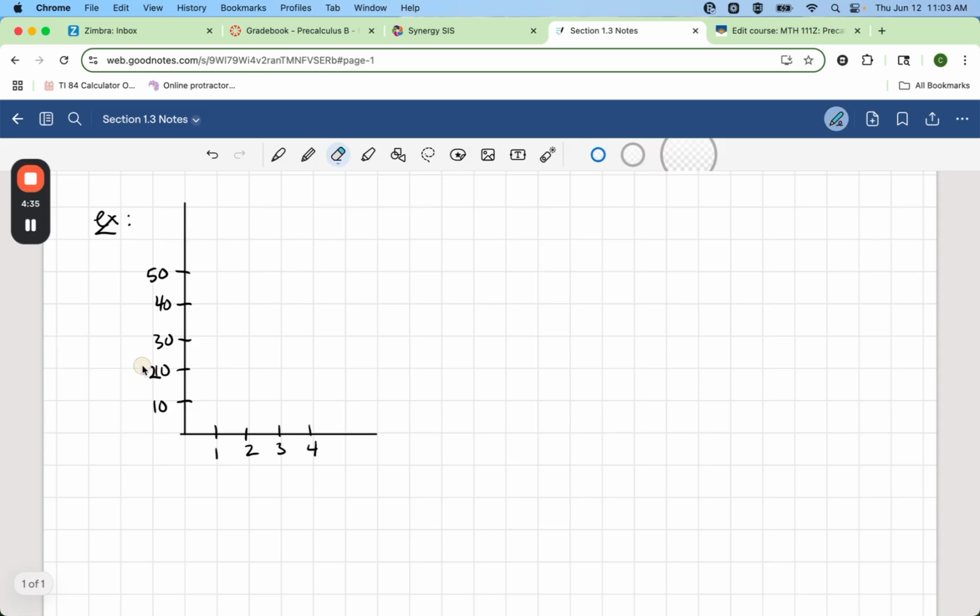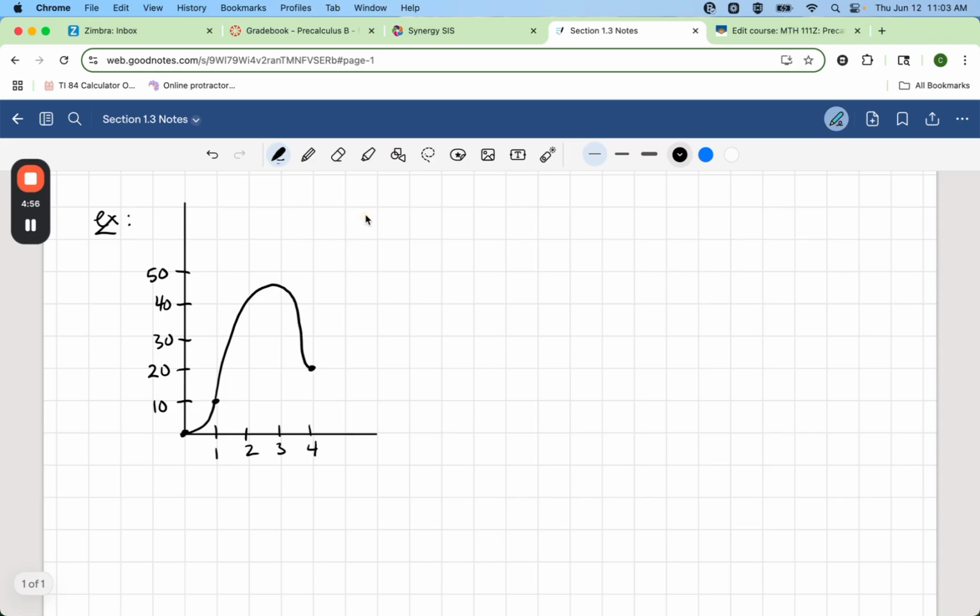Okay, there's my y-axis. That 20 didn't come out too well. Here we go, my graph is going to look like this. And then it goes way up here somewhere, and it swoops down to 4, 20. There's my graph right there.